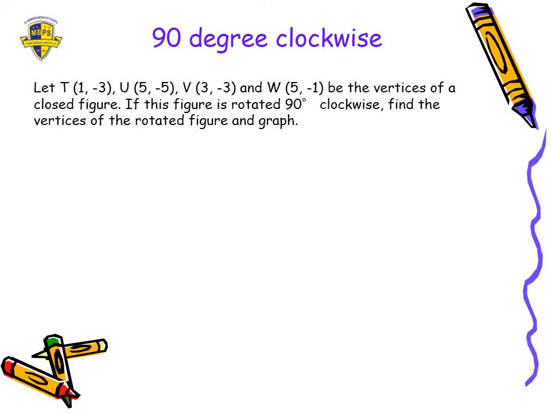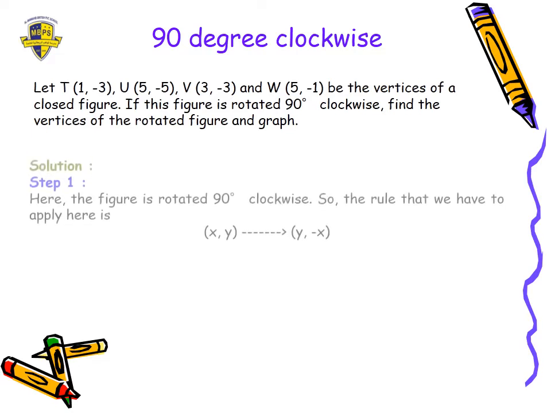Now, let's learn this example together. We have a shape with points T, 1 and -3, U, 5, -5, V, 3, -3, W, 5, -1. And we want to rotate this shape 90 degrees clockwise.